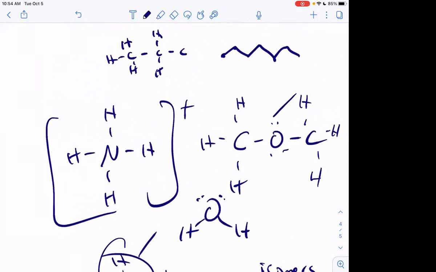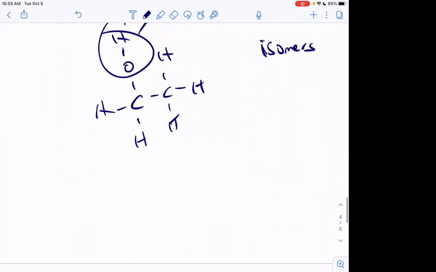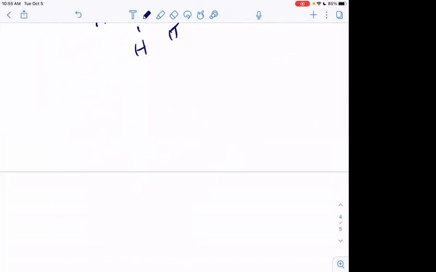Yeah, you could do that with this right here, right? Take this one right here, which is what? The formula for this one is CH3OCH3, right? Take that same formula and do this.